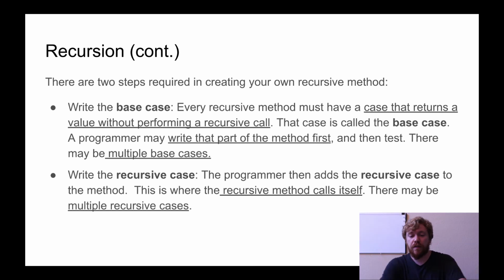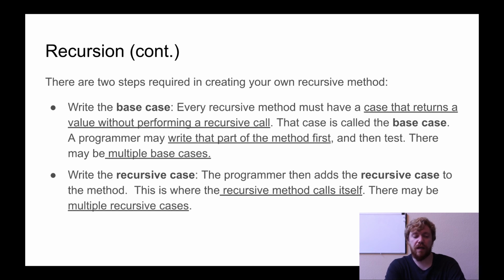And it does say that every recursive method must have a case that returns a value without performing a recursive call. In our case, we just printed a 0, and what was returned there was just void. The big idea is that there was no recursive call performed.